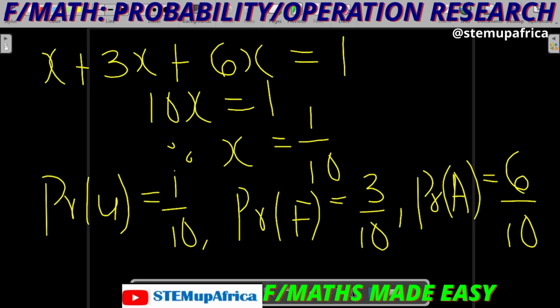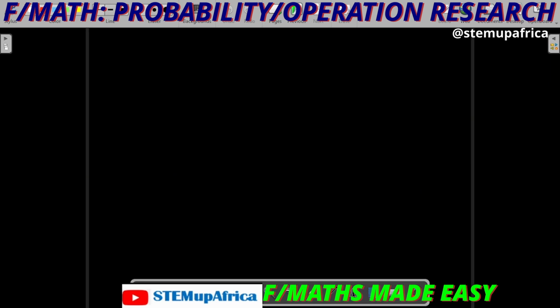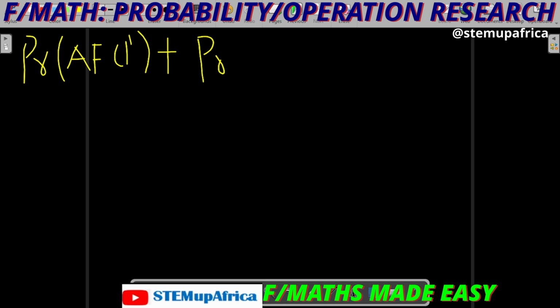So if I put that in a probability statement, that means I'm having prob Abiola solved correctly, Fatima solved correctly, Ushena failed to solve correctly. Or prob Abiola solved correctly, Fatima failed to solve correctly, and Ushena solved correctly.